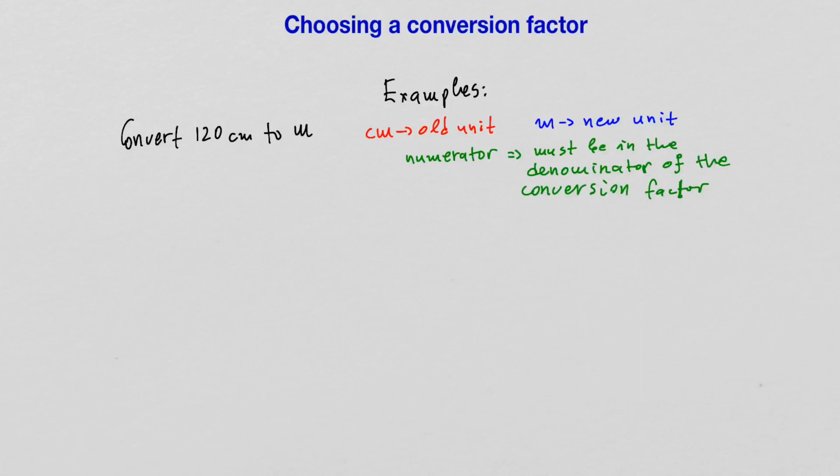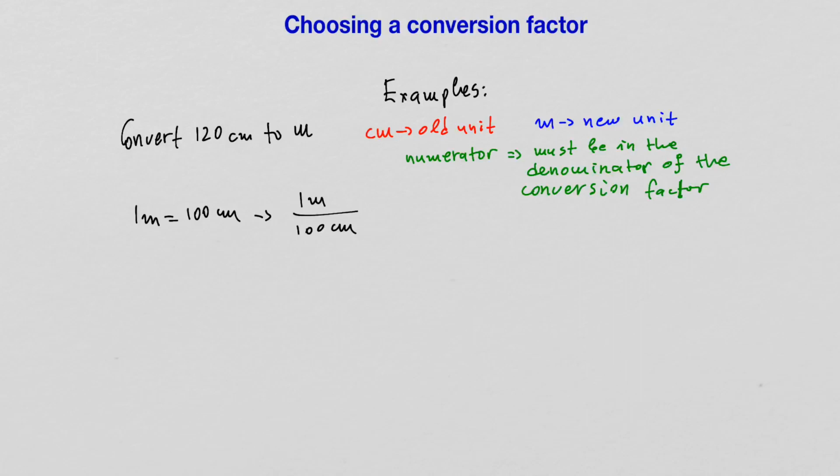Then we also notice that in the original expression, the old units are in the numerator, which, following the rules of creating conversion factors, means that the old unit must be in the denominator of the conversion factor. So I know that the relationship between meters and centimeters is this: 1 meter is equal to 100 centimeters.